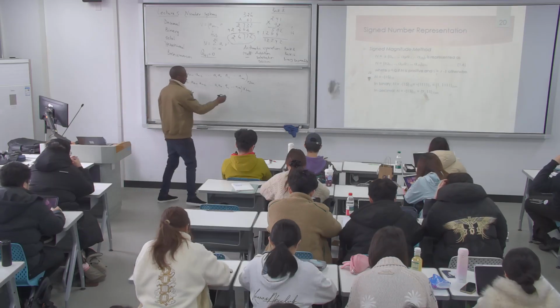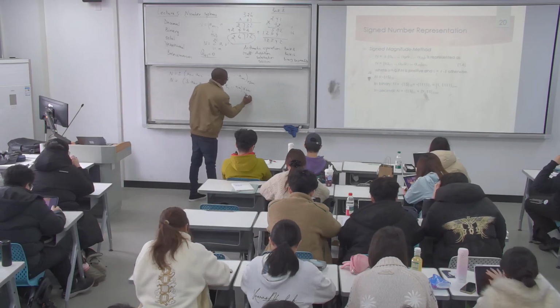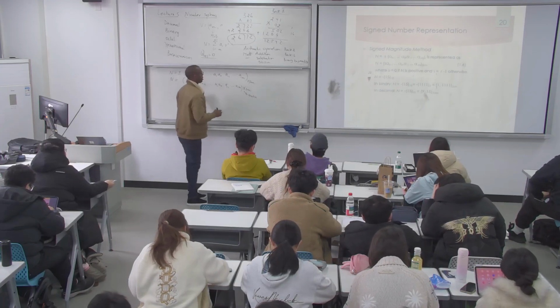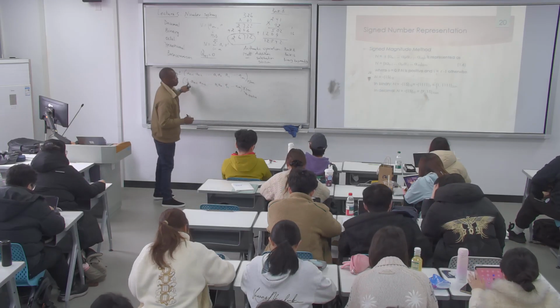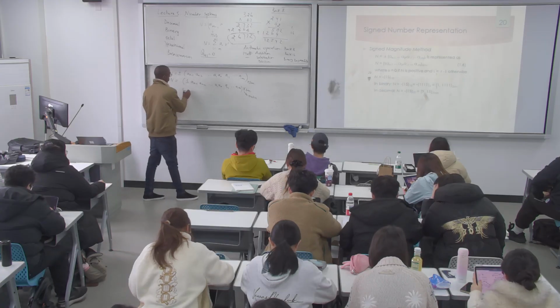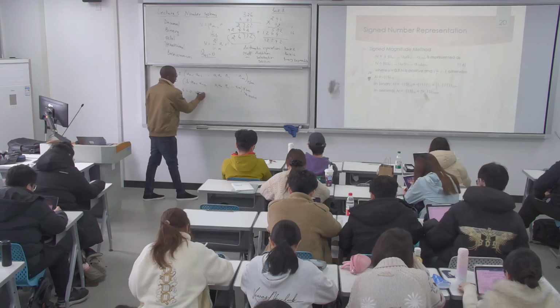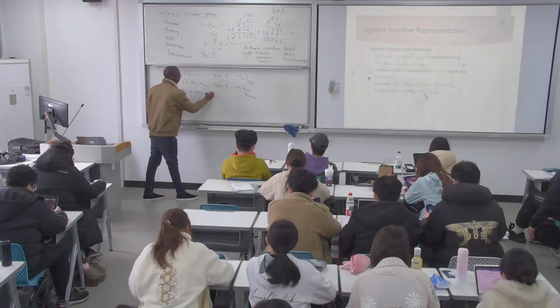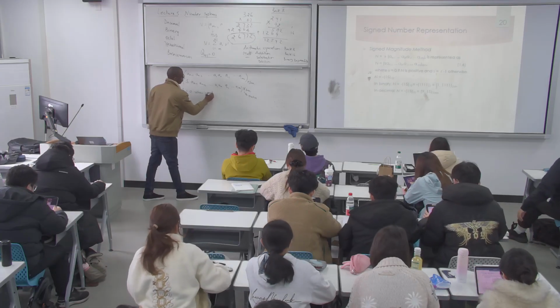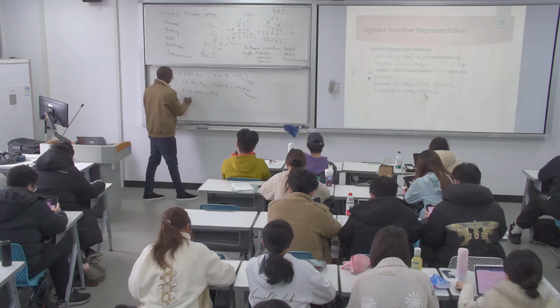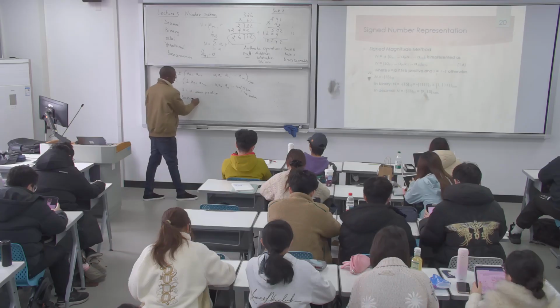This r, if you still remember, is the radix, the base. S equals 0 when we have a positive number, or s equals r minus 1 when we have a negative number.